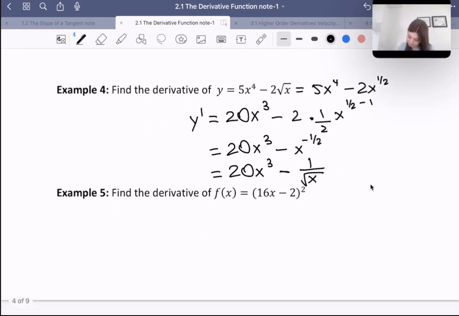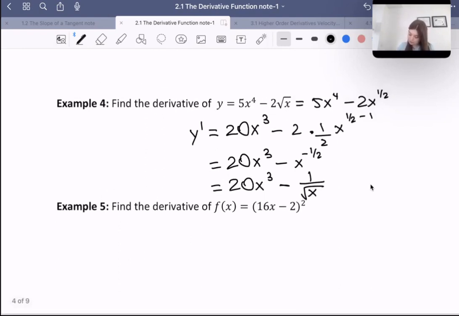Okay. Now for this one, this says to find the derivative of this function squared. Now, in the chain rule and actually product rule as well, we're going to learn two other ways that we could figure out this question, but we have not learned those rules as of yet. So I'm going to show you, if you just want to use the power rule, how we can solve it.